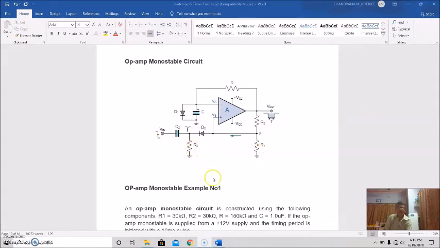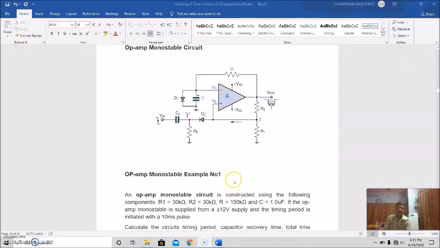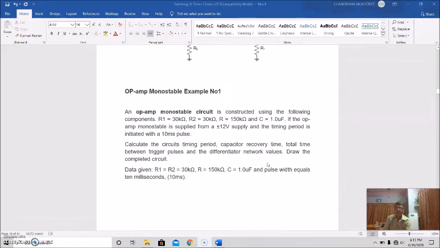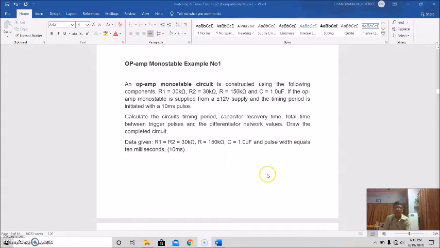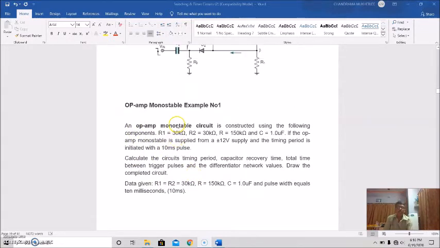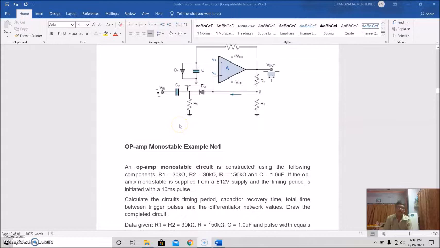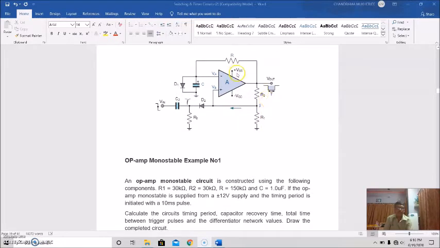Okay, so this will be clear if we take an example like this. An op-amp monostable circuit is constructed using the following components: R1 equal to 30 kilo ohm, R2 again 30 kilo ohm, that is R1 equal to R2, and feedback resistor R 150 kilo ohm.